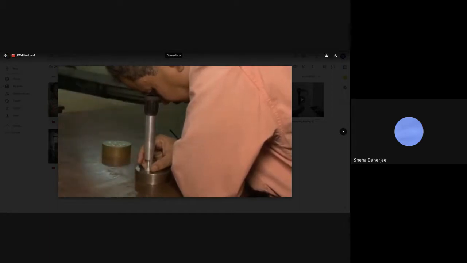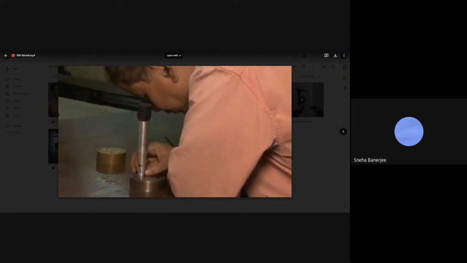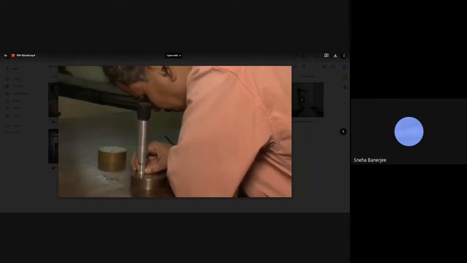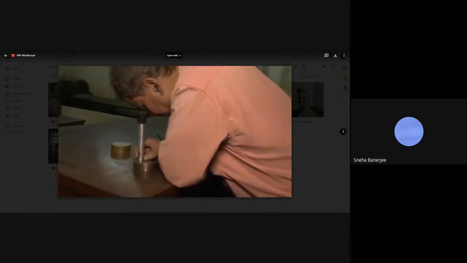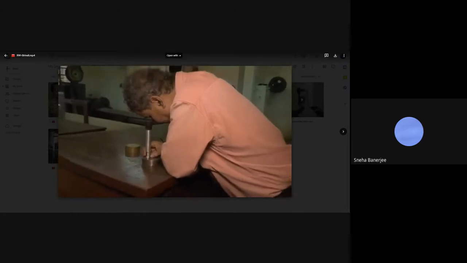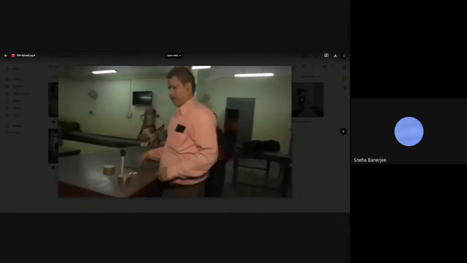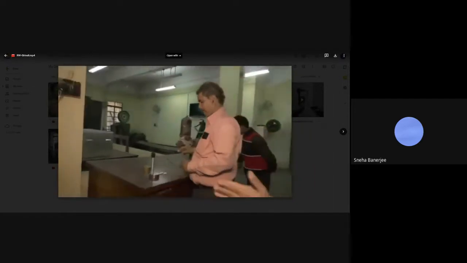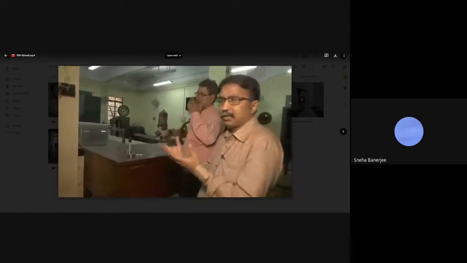Go for the next one. 5.1. Okay, fine. So we are getting the impressions and measuring them, and the diameter in case of steel is roughly 5.1.